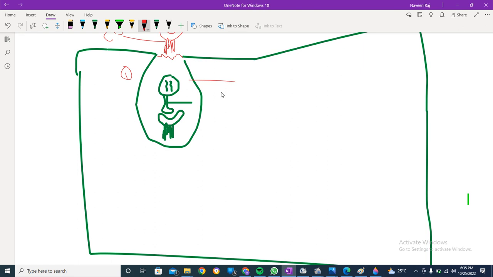Now what will happen next is it will shed its coating. This coating would be destroyed, and only these things will remain. Now, step number two.